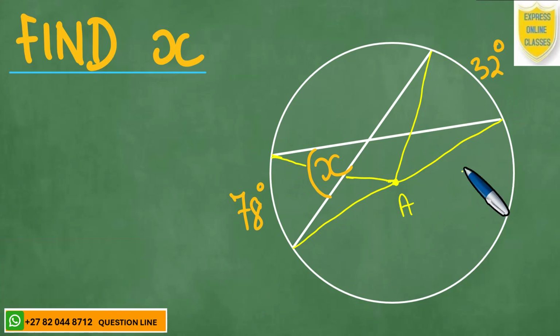The measure of this arc is 78 degrees, so the measure of this central angle is 78 degrees as well. Okay.